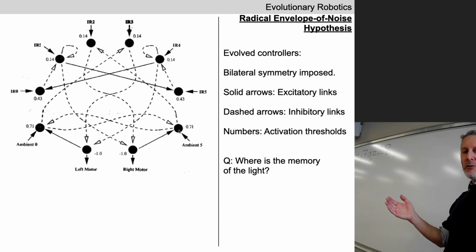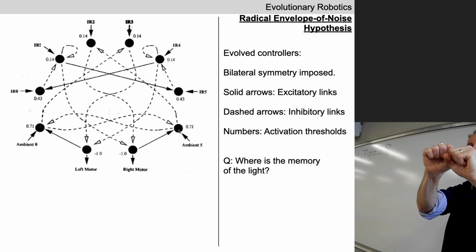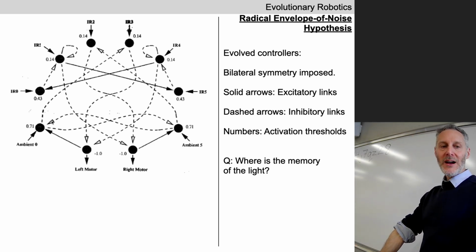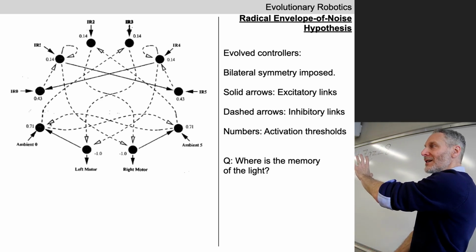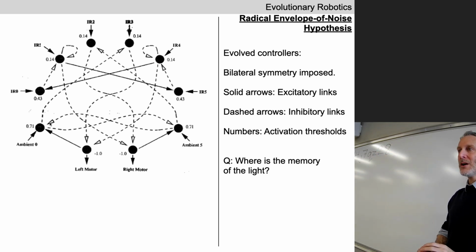If we go back to the previous time step in which ambient 5 was firing more strongly than ambient 0, they're inhibiting each other. So you've got a tug of war between these two, but ambient 5 is currently stronger than the other one, which means it's inhibiting the other one more strongly. It's pushing the other one down. The other one, in turn, is trying to inhibit it, but it's weaker. Therefore, it's less successful in inhibiting the other one.